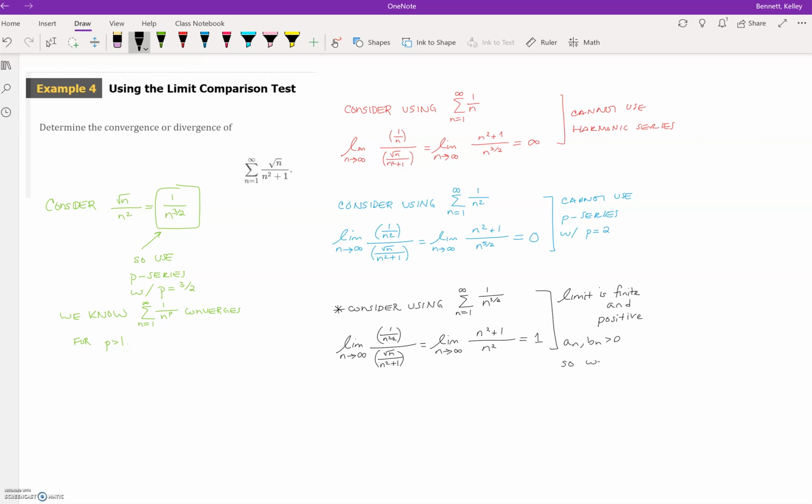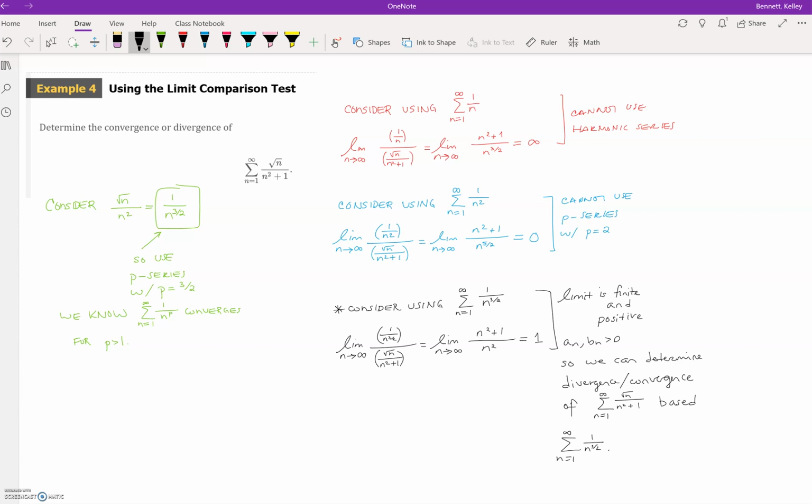So we can determine convergence or divergence of the given series, which was this, based on our p-series with p equal to 3/2.